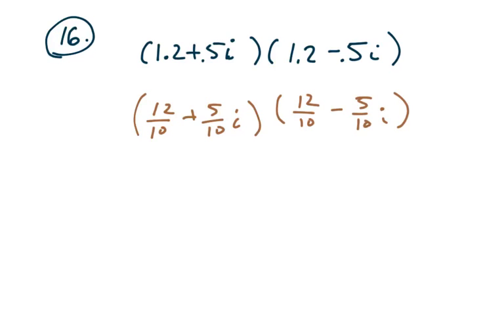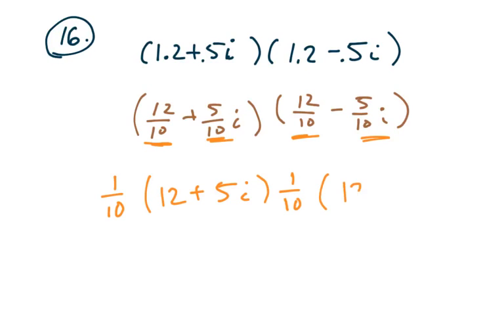And then I'm going to do something a little unconventional. Because in both of them, we're dividing by 10, we can factor out a 1/10. And we have 12 plus 5i, and do the same thing on the other side. So let me write it this way, 1 over 10, 12 minus 5i.